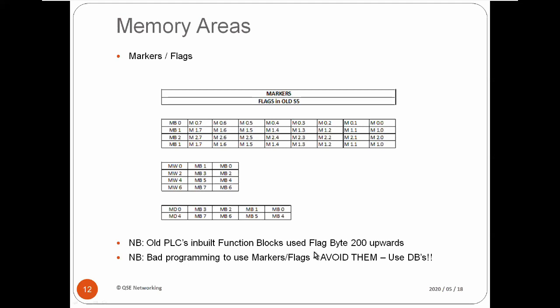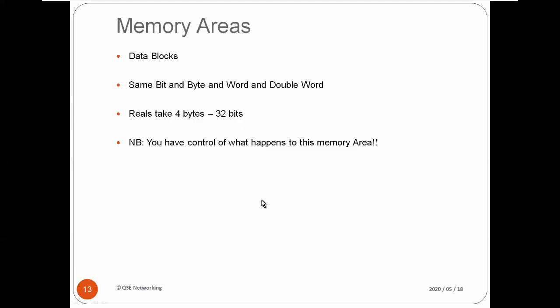I use DBs. Everything that I want to control, I put in data blocks. Data blocks work exactly the same. They've got bits and bytes and words and doubles, but your program controls what goes on. There are no erroneous flags or function blocks which are going to use them. You control it. A real is a 4-byte, so it's actually a double.